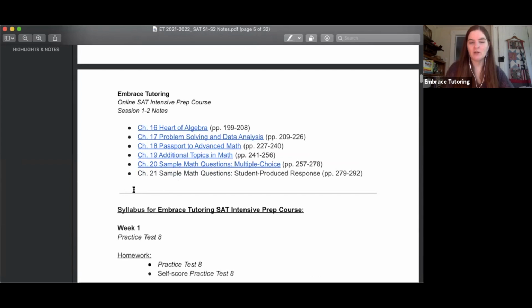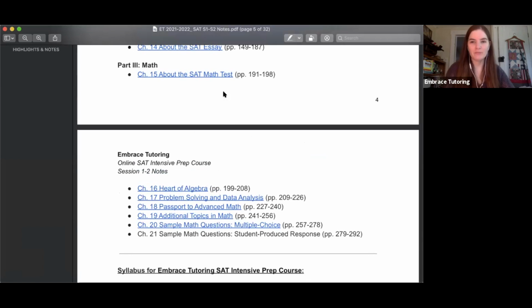Chapter 21, the College Board doesn't have that link available online to that particular section. But these sections for the math do talk about similar concepts. They changed things up a little bit on their website for the digital forms of the chapters of the content material, but it's all the same information. Okay, so you can review that and it'll help.